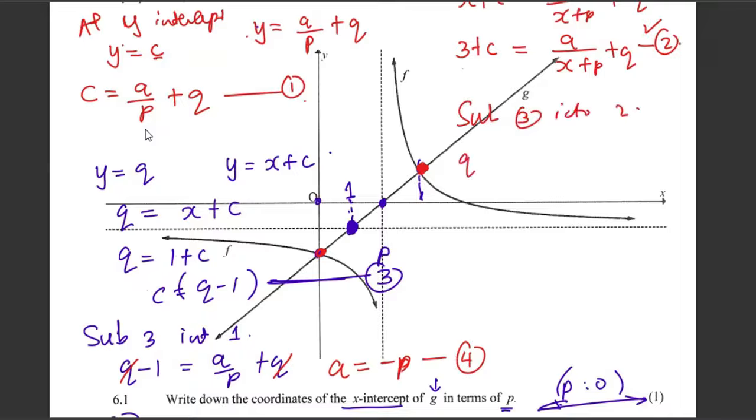So it's going to be q minus 1, but we are adding a 3 there. Should be equivalent to a over x plus p plus q. Then this q again is going to cancel with the q, because both of them are positives, meaning that we are left with a 2 is equivalent to, but we said our a is the same as a negative p.